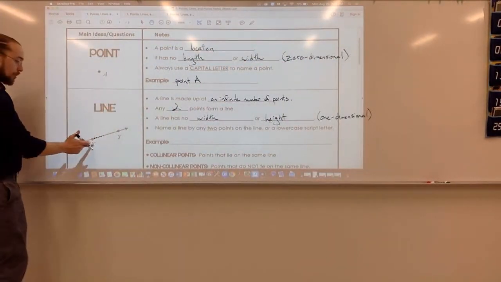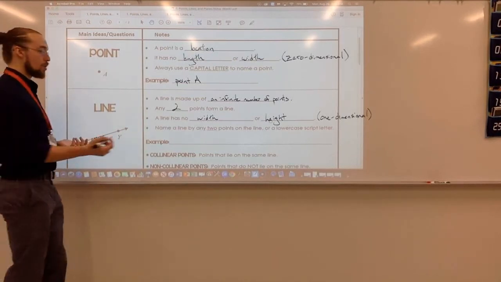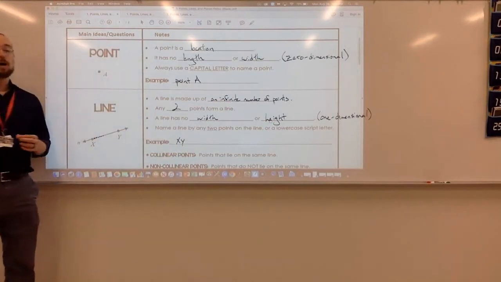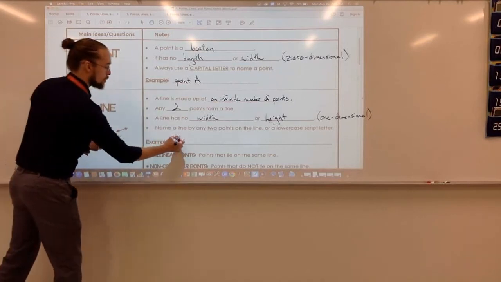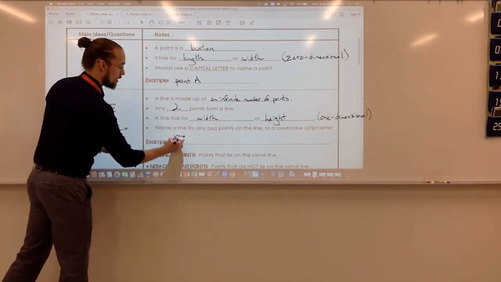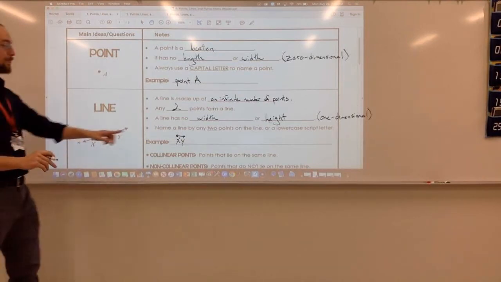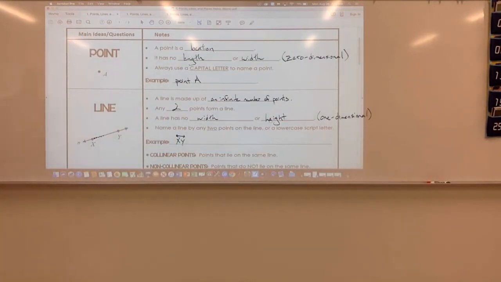So here we already have x and y as named points. So I can call this xy. Whenever I'm naming a line, I will actually draw a line over top. So that's the notation to name a line, using 2 points on the line and drawing a line over top. Now, there is another way.